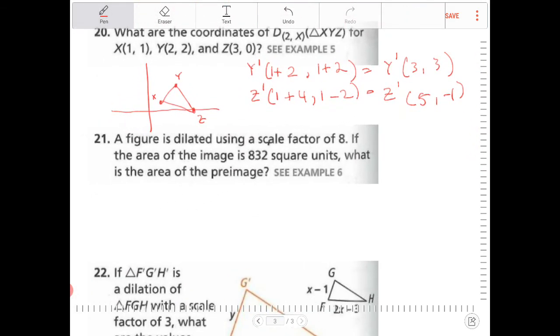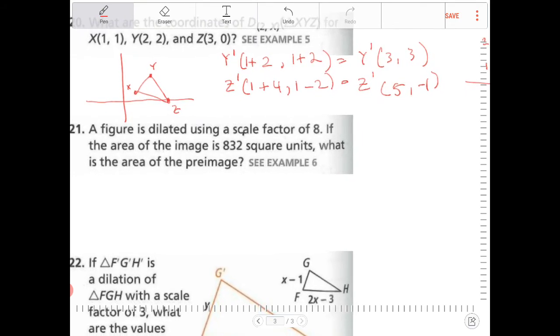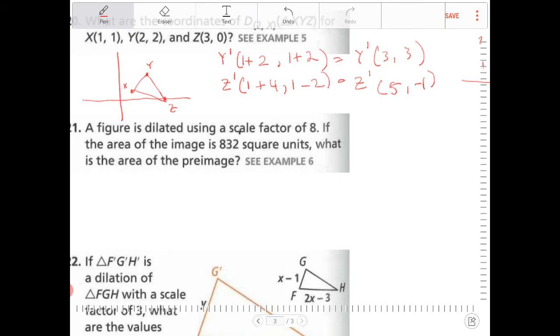All right. A figure is dilated using a scale factor of 8. If the area of the image is 832 square units, what is the area of the pre-image? So we're dilating by a factor of 8. The area of the image is 832.